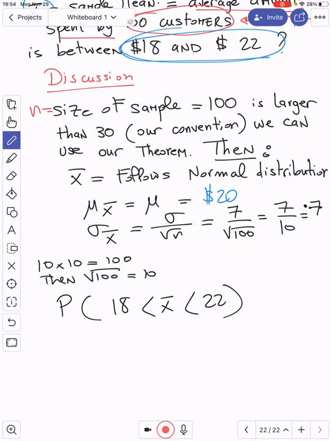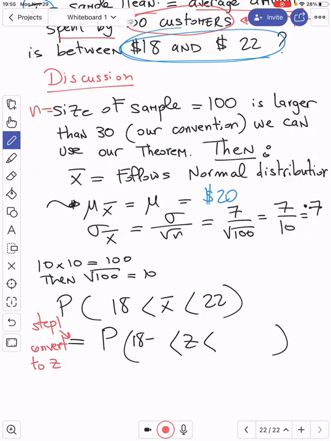So as usual, as a first step, we convert to Z. So step one, convert to Z. So now instead of X, we have X bar, we have Z. Now convert 18 to some value of Z. So that's 18 minus mu, the mean of the X bar.